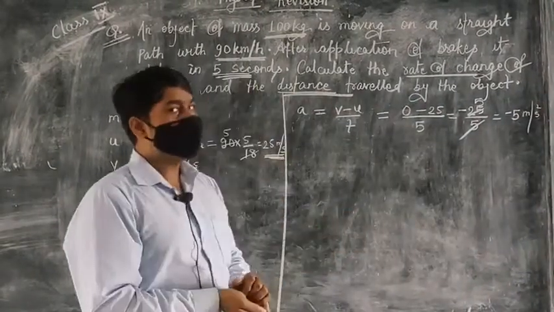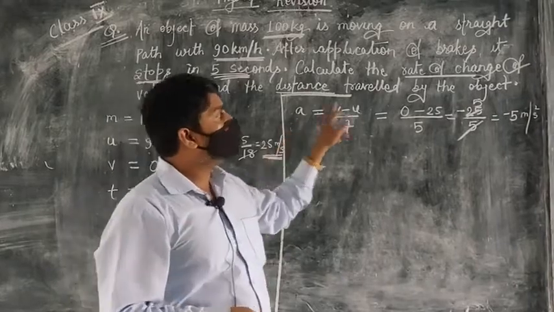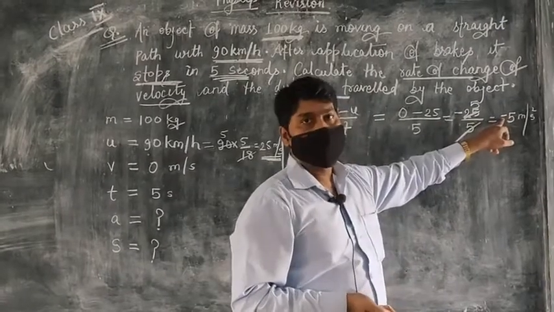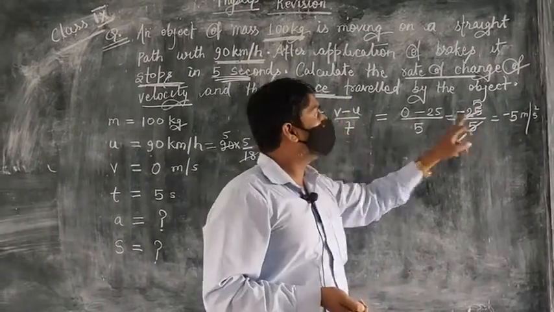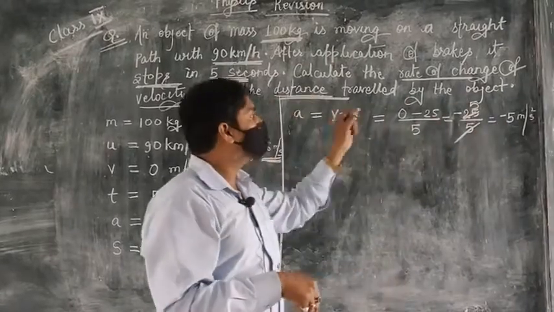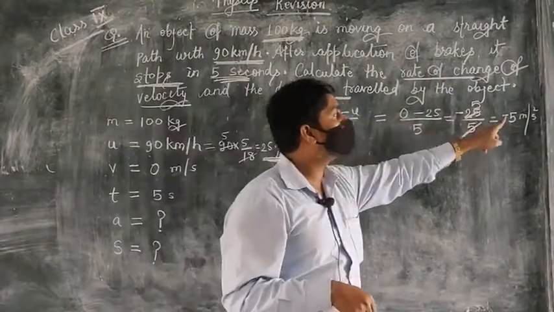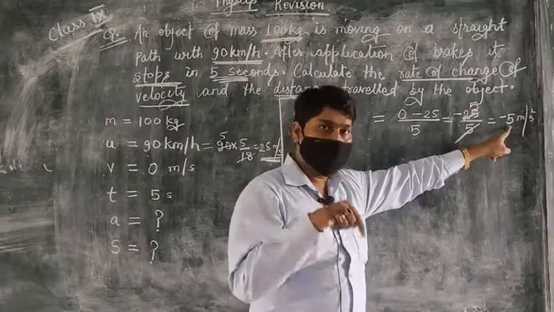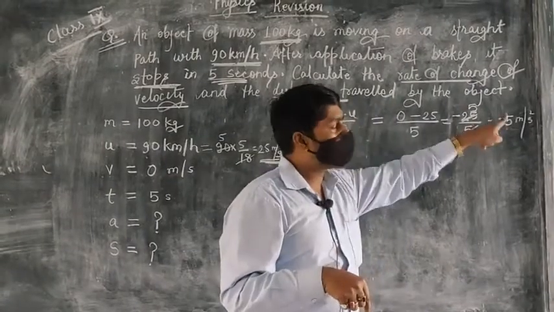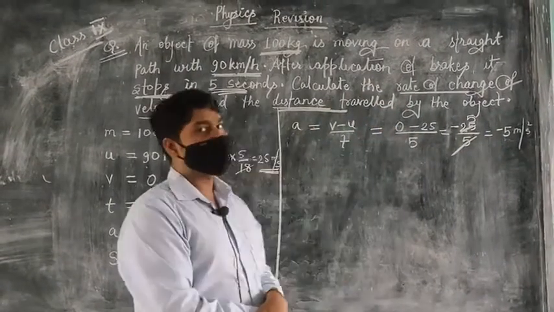So finally, the value for acceleration is negative. The value for acceleration being negative stands for the retardation is 5 meter per second square, or acceleration is minus 5 meter per second square.